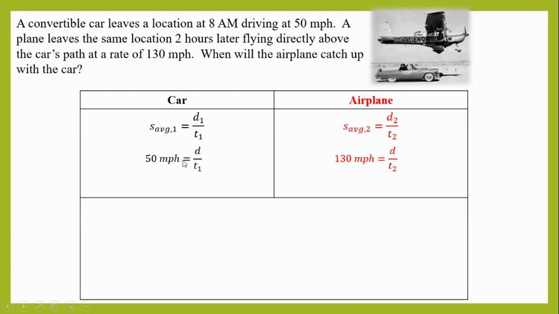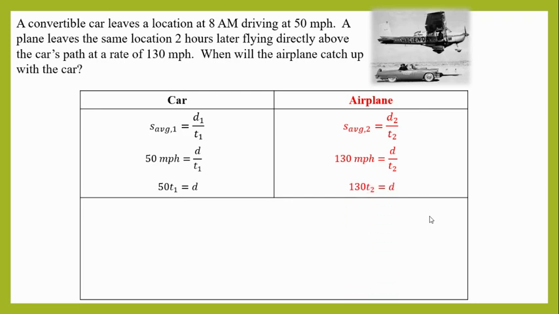So here we have two functions with a common variable, which is D. I will go ahead and solve for D in both of these statements and then set them equal to each other. So to solve for D on the left side, simply multiply both sides by T1, so we have 50 T1. You notice I left out the unit miles per hour just to keep the work clean. And on the right side, we can do the same. We can solve for D by simply multiplying both sides by T2.